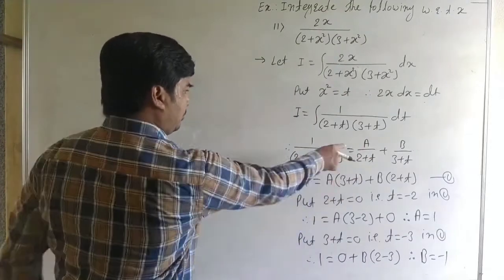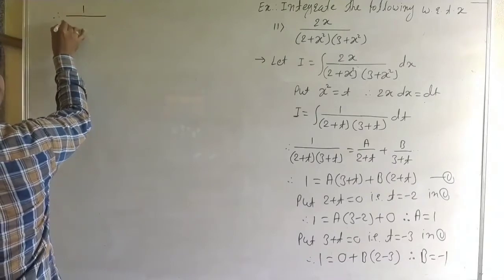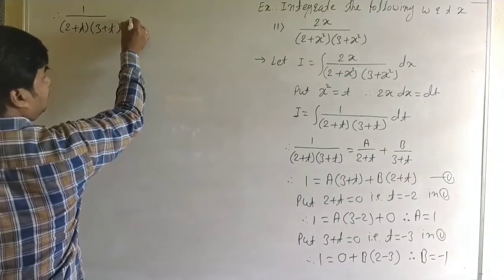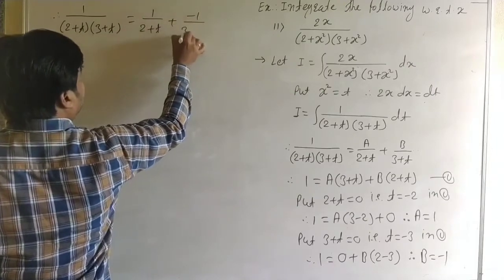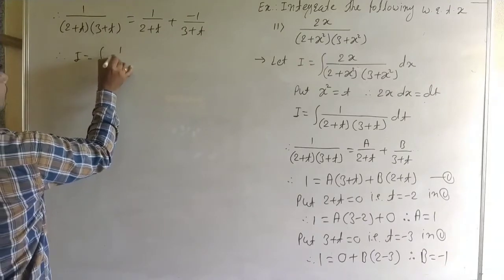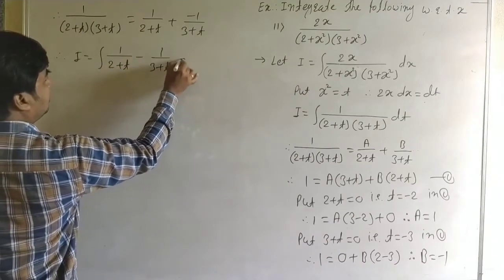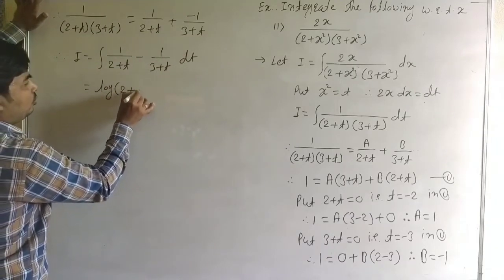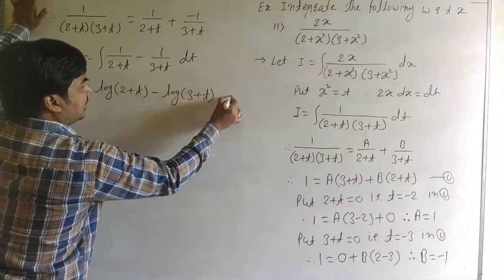Put the values of a and b in this. Therefore 1 upon (2 plus t) and (3 plus t) is equal to 1 upon (2 plus t) plus minus 1 upon (3 plus t), and therefore the integral of 1 upon (2 plus t) minus 1 upon (3 plus t) dt, and then integrating, it is log of (2 plus t) minus log of (3 plus t) plus c.